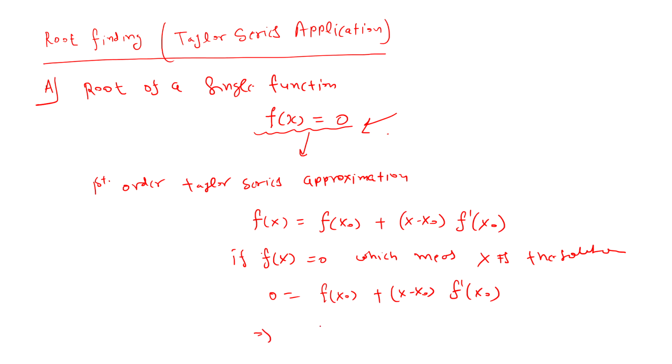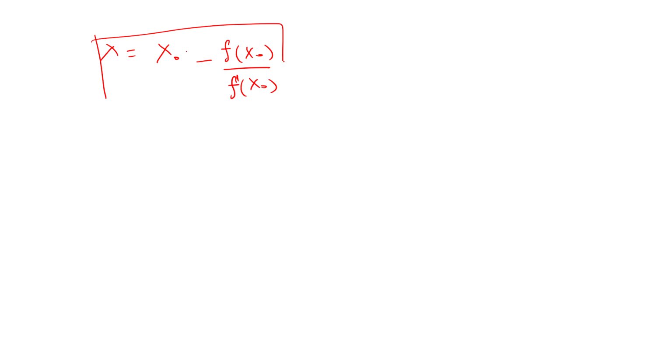This essentially means x is equal to x naught minus f of x naught upon f prime x naught. So what we had is x equal to x naught minus f of x naught divided by f prime x naught. This is called the Newton-Raphson method.